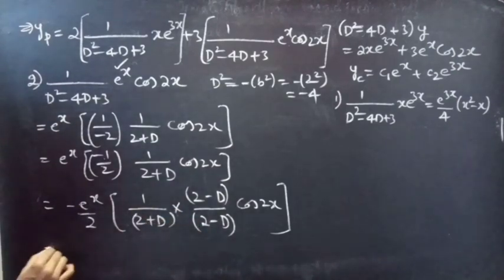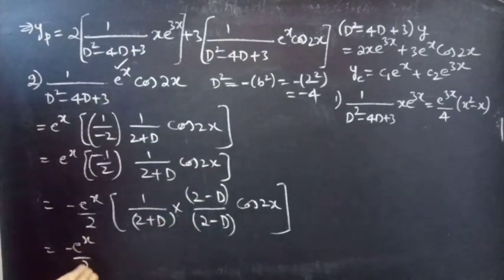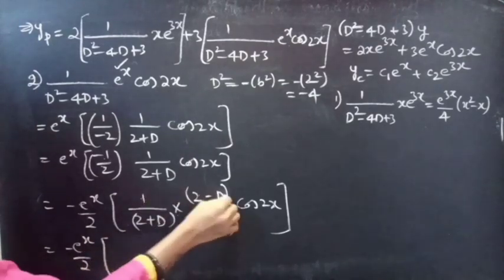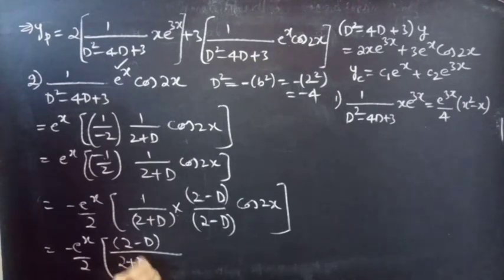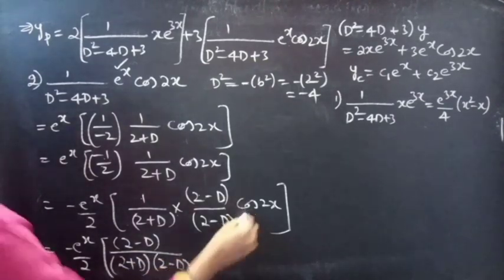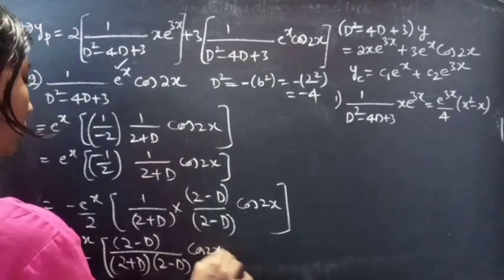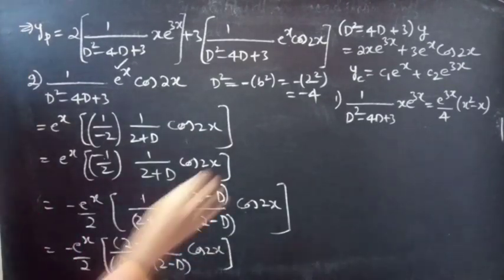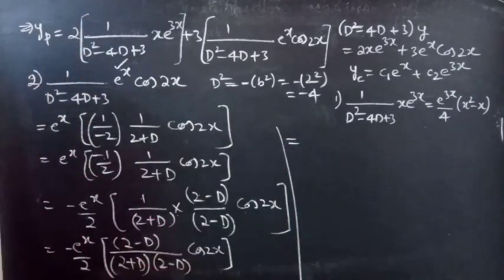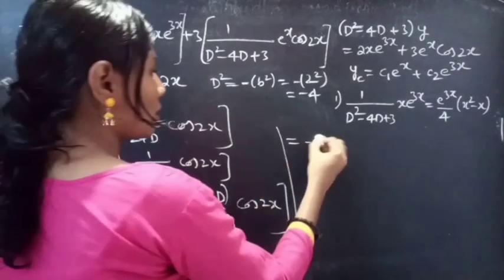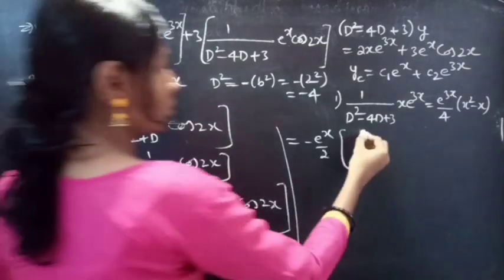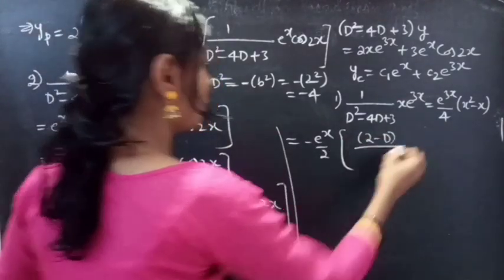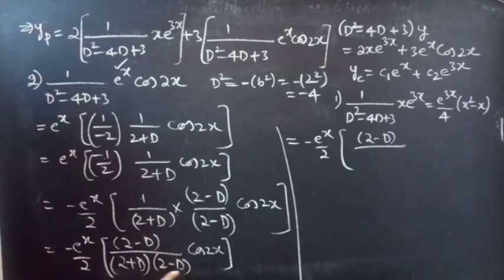We'll get minus e power x by 2 into 1 into 2 minus d is 2 minus d, by 2 plus d into 2 minus d into cos 2x, which becomes minus e power x by 2 into 2 minus d by 2 plus d into 2 minus d.